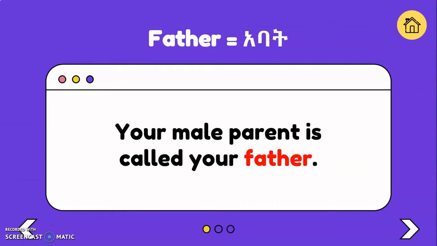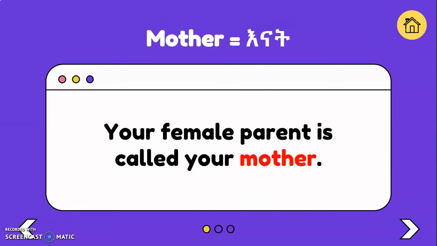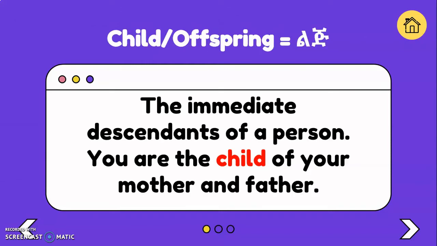The first word, father. Your male parent is called your father. Mother. Your female parent is called your mother. Child, or sometimes is called offspring. The immediate descendants of a person are called child.